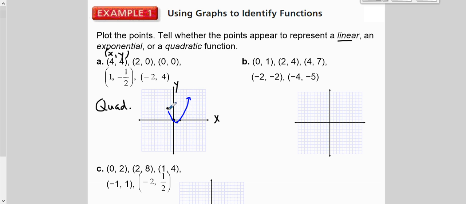We have worked with each one of these types of functions in previous units this year. Okay, graph your points. On your mark, get set, go.